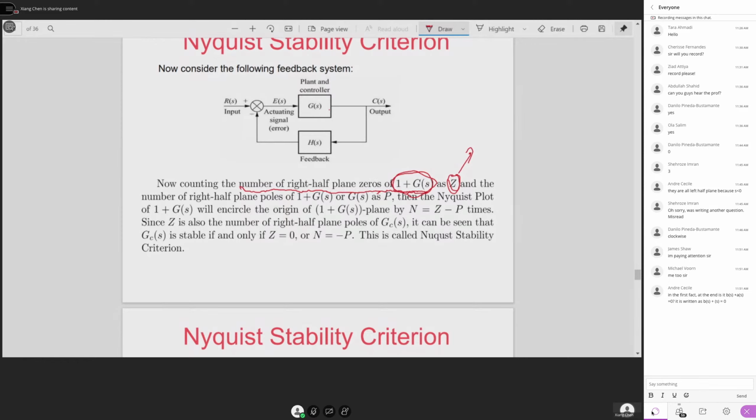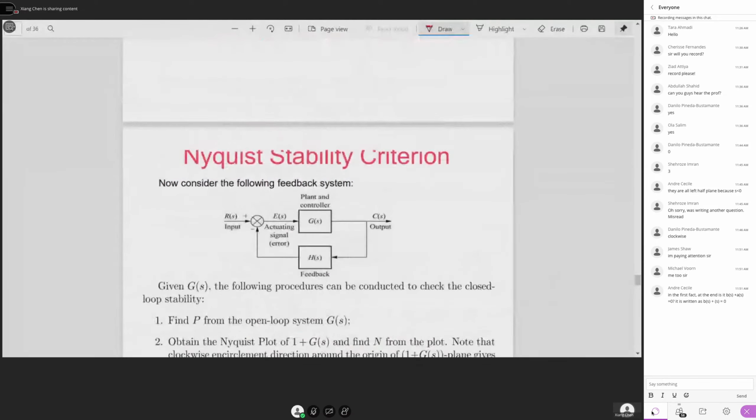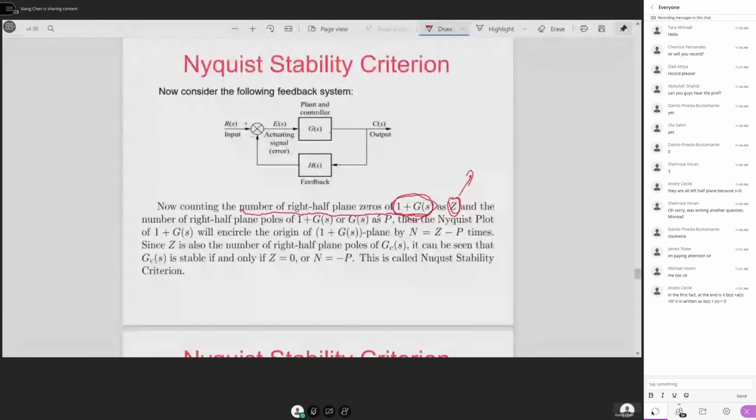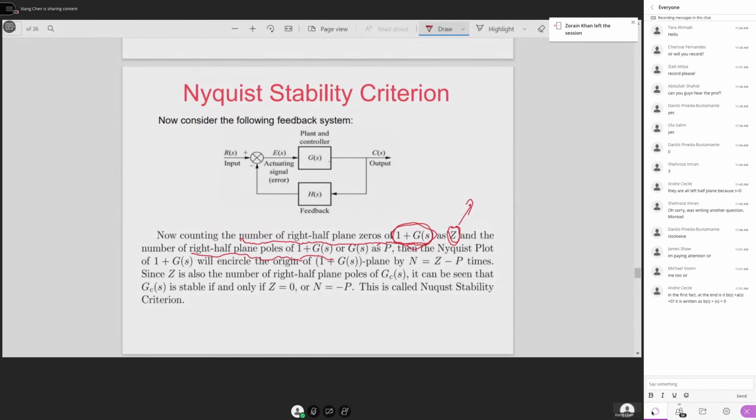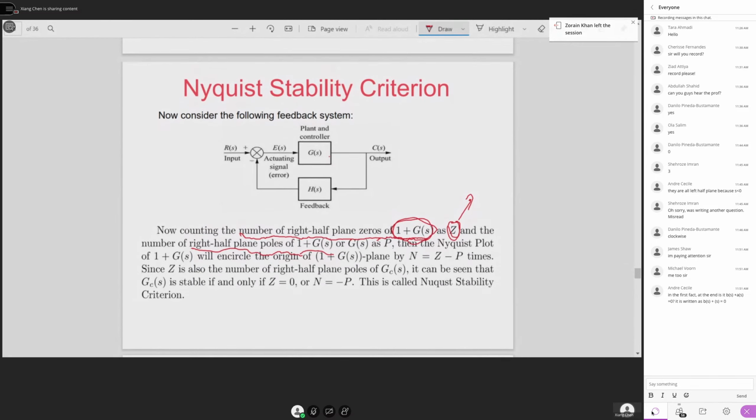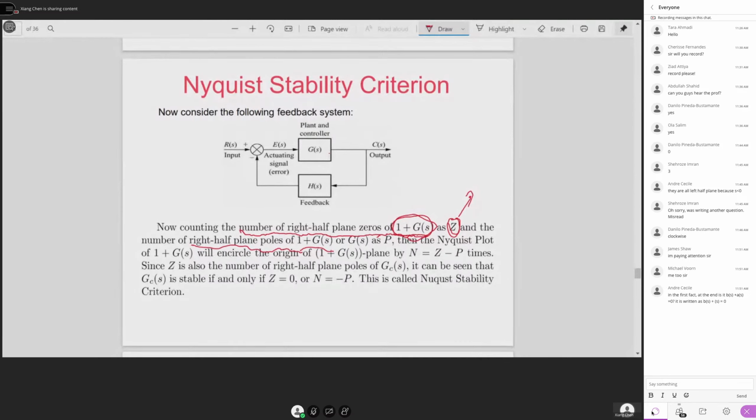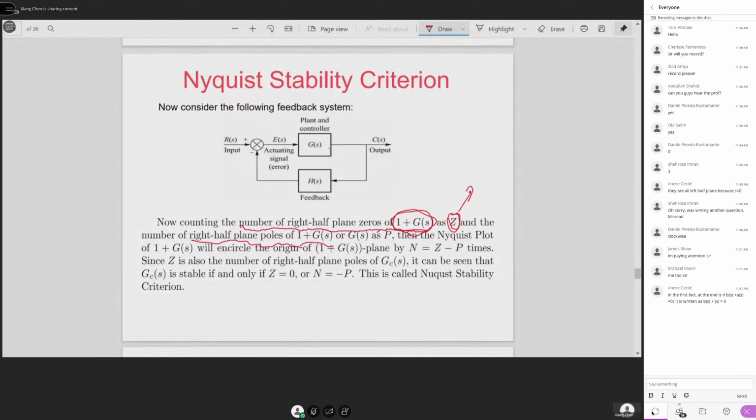Okay. Now, I need to continue. So what is going to be the number of right half plane poles of 1 plus G of S? Well, we know that factor 2 tells us that 1 plus G of S and G of S share the same poles.